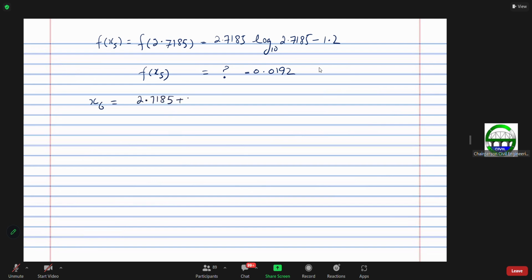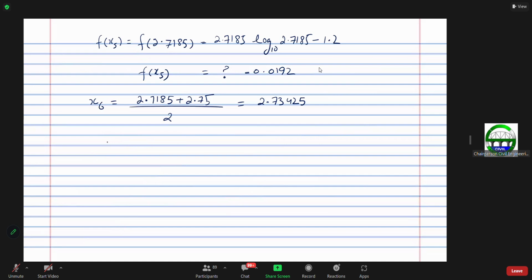So now our value lies between 2.71875 and 2.75. x6 will be equal to (2.71875 plus 2.75) divided by 2, and then give the value. So here it will be 2.734375.